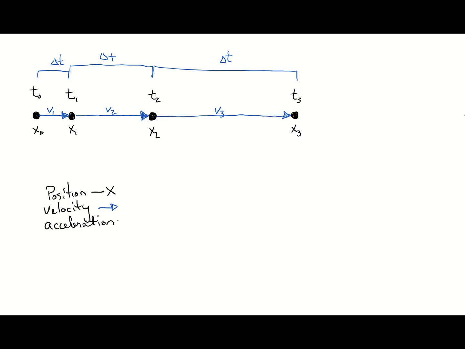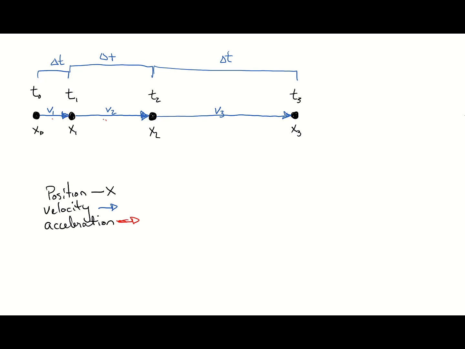The last thing we need is the acceleration, right? So if we think of what our definition of acceleration was, it was the change in velocity with respect to time. So how did the velocity change when I went from v1 to v2? Well, if you want to figure out the change in anything, you take how much did it change going from an initial thing to a final thing.